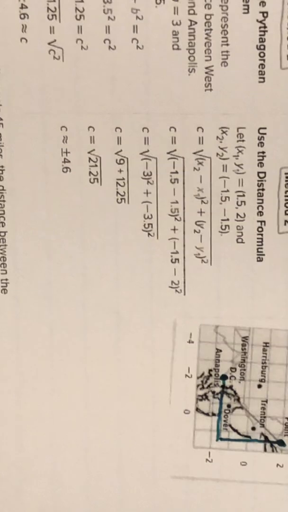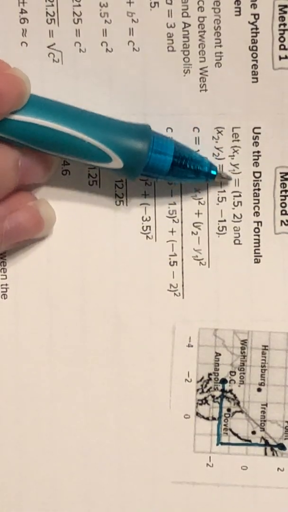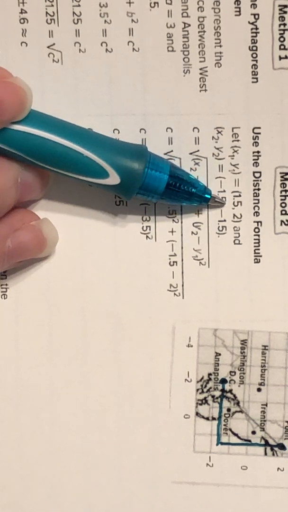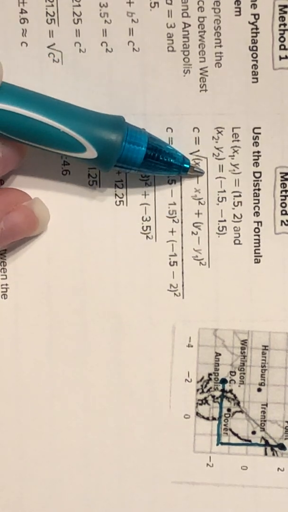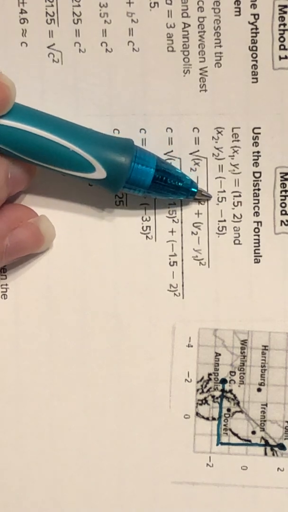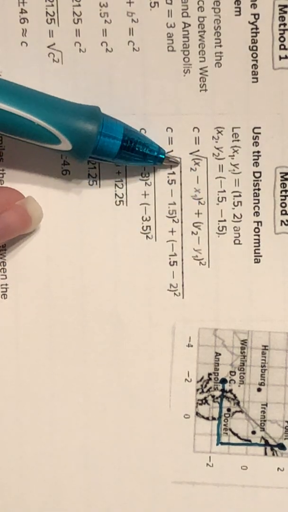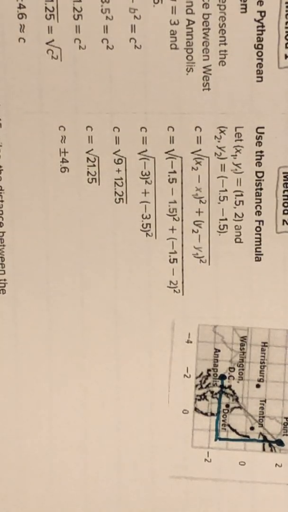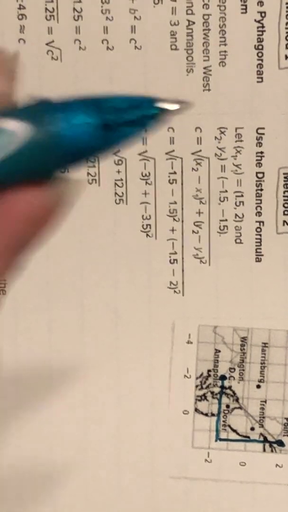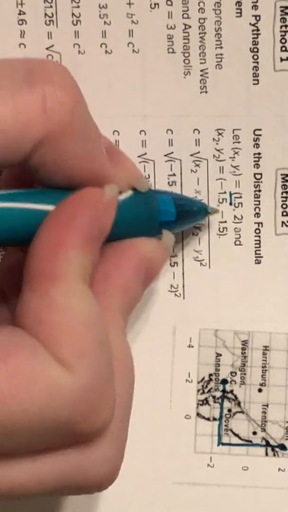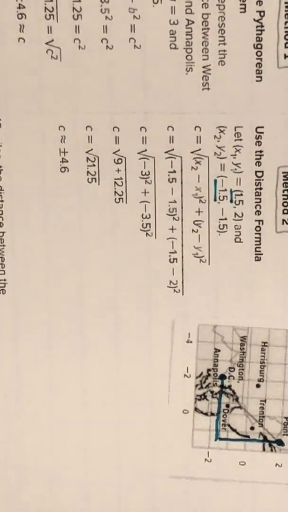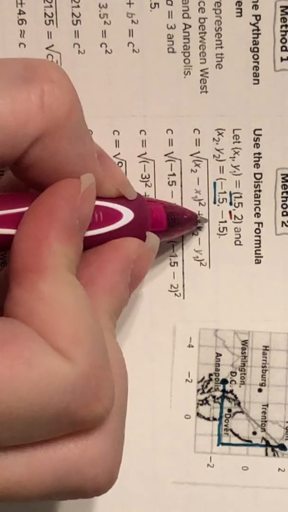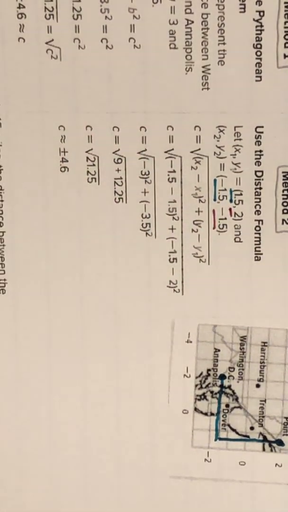The other way I can do it is using the distance formula. So I let x1, y1 be my first coordinate point, 1.5, 2, and x2, y2 be my second coordinate point, negative 1.5, negative 1.5. Okay, so I take my x values and subtract them, and my y values and I subtract them.